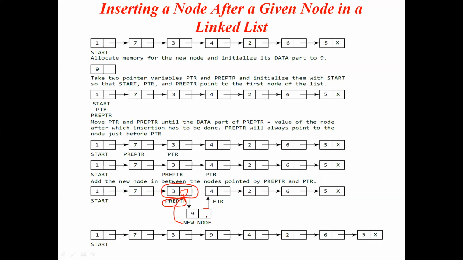What about this one? If you go through the while loop, the pointer will reach the next node. Pre-pointer will point to the node before where you are inserting, and pointer is a pointer variable which points to the node after where you are inserting.